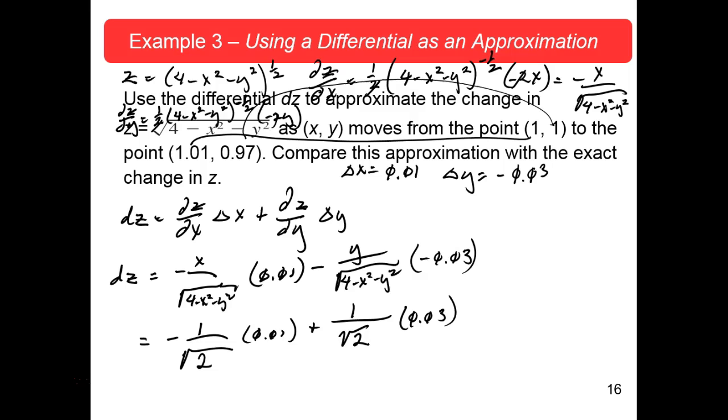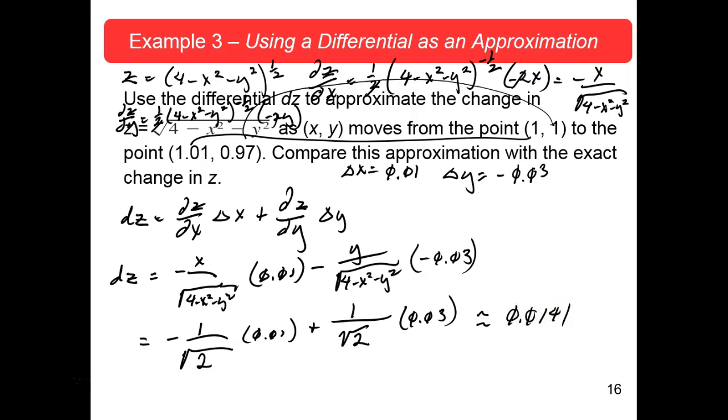Pretty obviously the positive's going to win here, but by how much? Anyone got it yet? Yeah, that's what they got in the book.